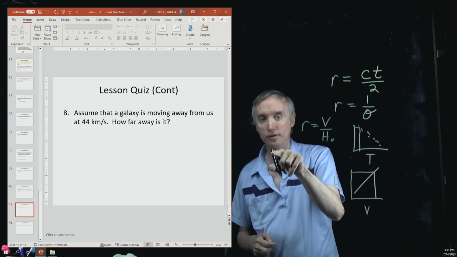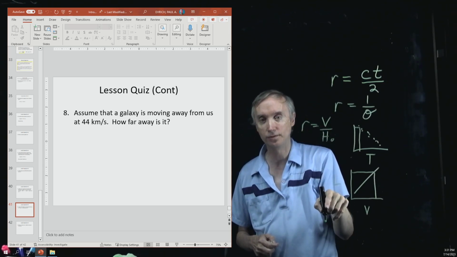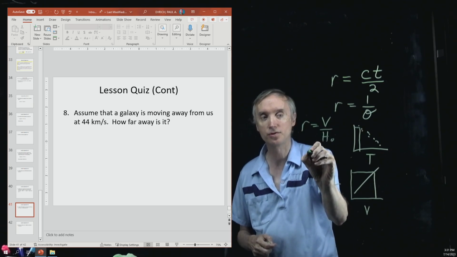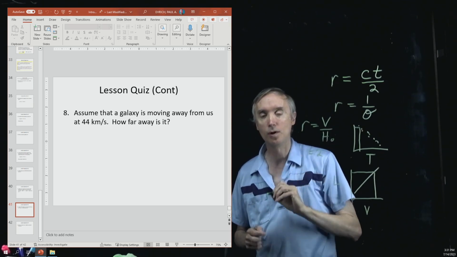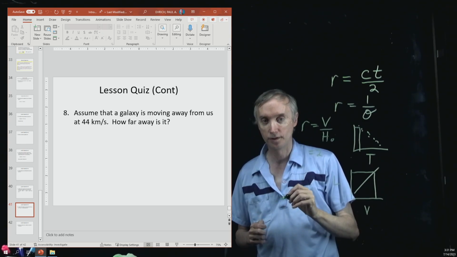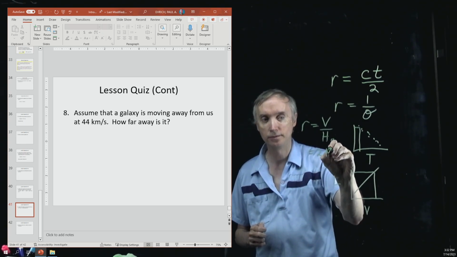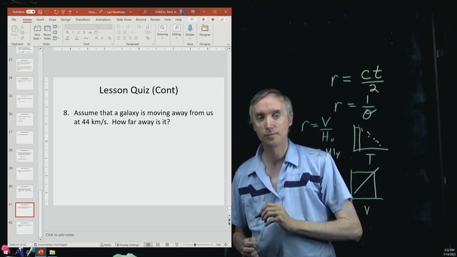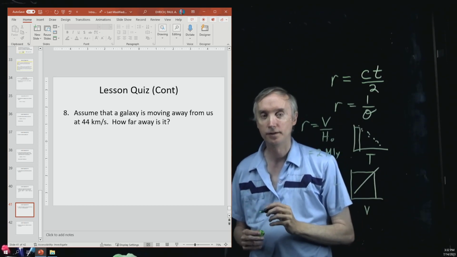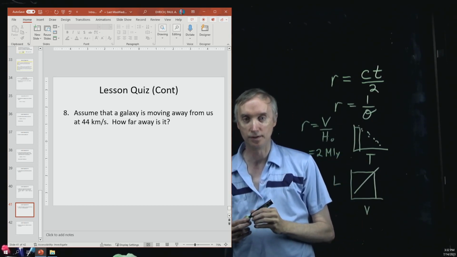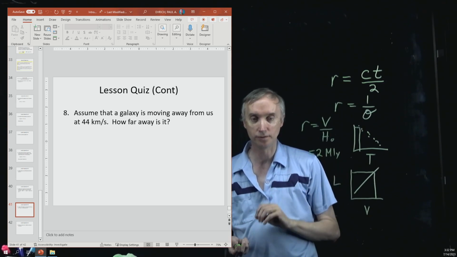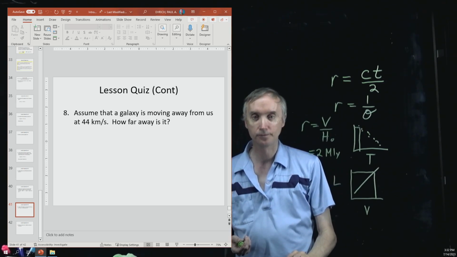So we're going to take 44 divided by 22, so that's going to be equal to 2. And then do you remember what would be the unit? So it's going to be mega light years. So that's how far away this particular galaxy is. 2 million light years away from us.